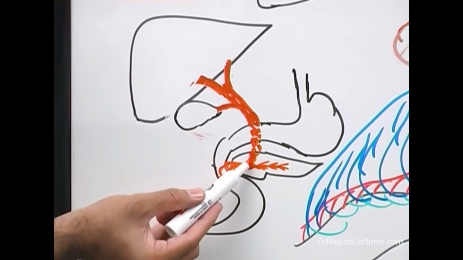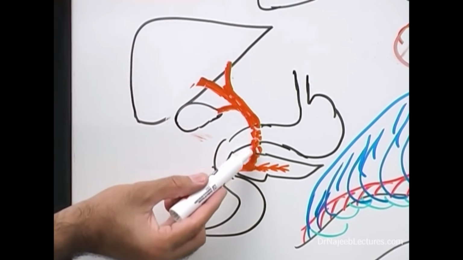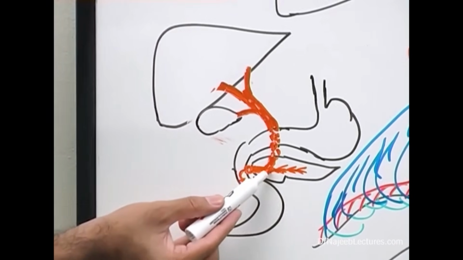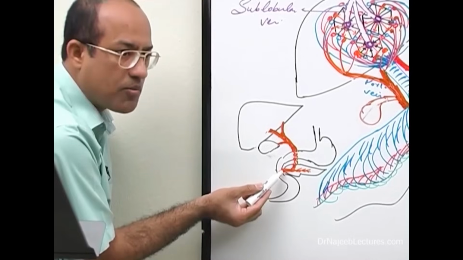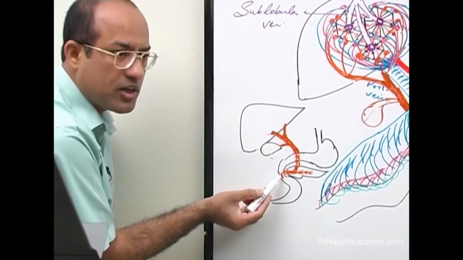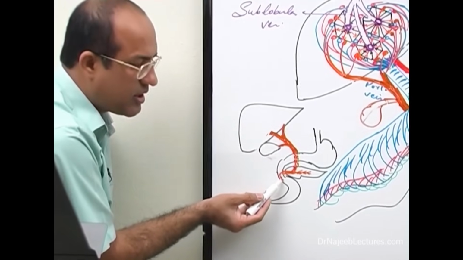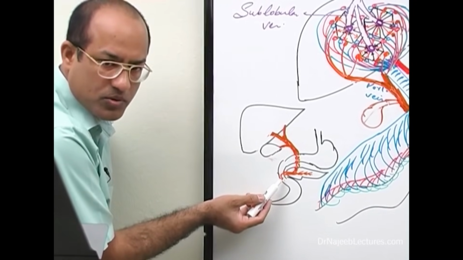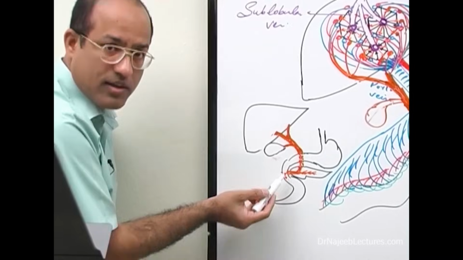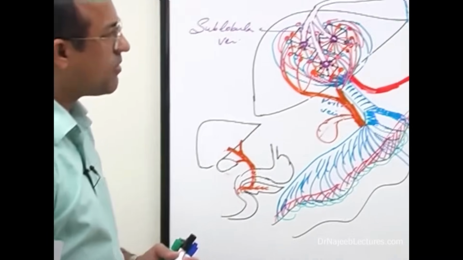Common bile duct brings the bile and pancreatic duct brings pancreatic secretions. They come together and open at the ampulla of Vater into the second part of the duodenum, so that they release bile and pancreatic juices in the duodenum. Is that clear? Let's have a break here.